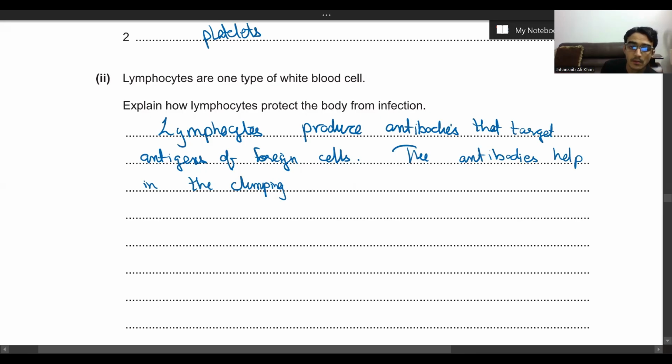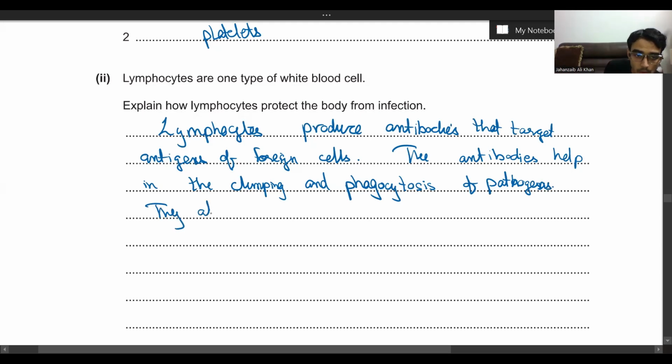Do both. Remember phagocytosis? It is the engulfing of pathogens by the white blood cells, right?